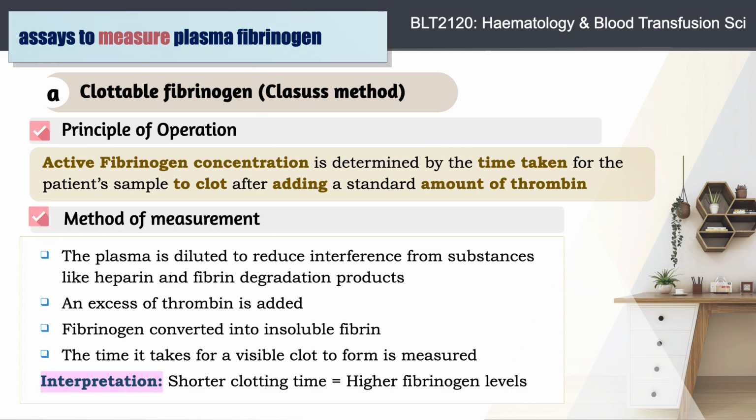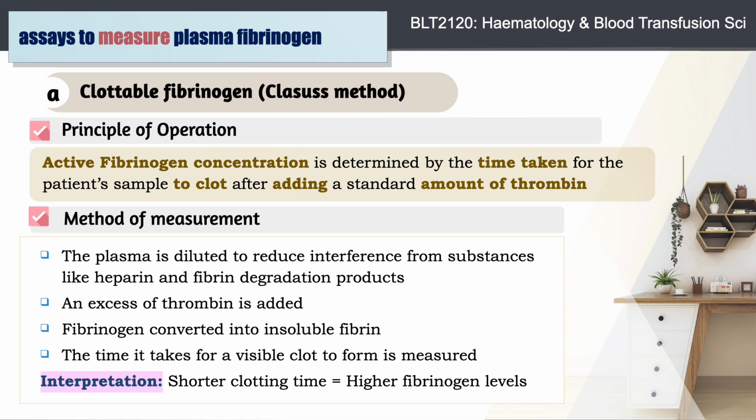The method of measurements. Plasma is diluted to reduce interference from substances in the blood, such as heparin or the fibrin degradation products. Then an excess of thrombin is added. After this, the fibrinogen is converted into fibrin, and we shall visualize a clot.